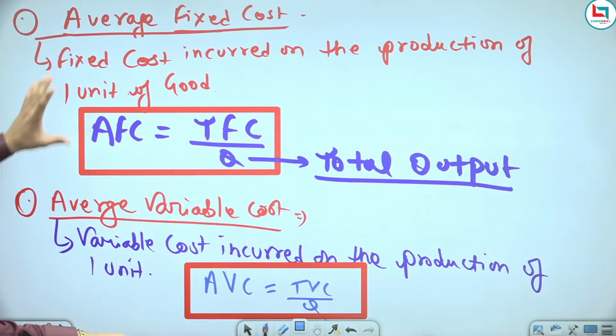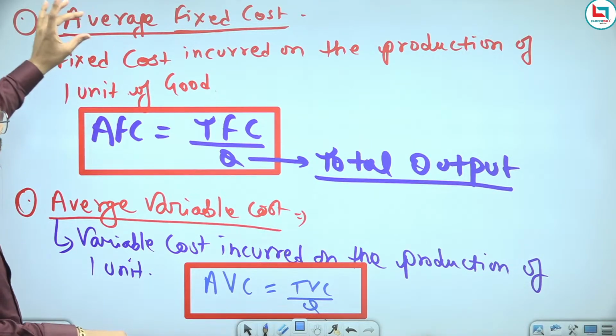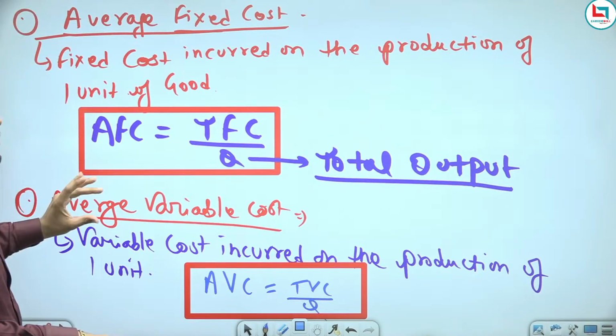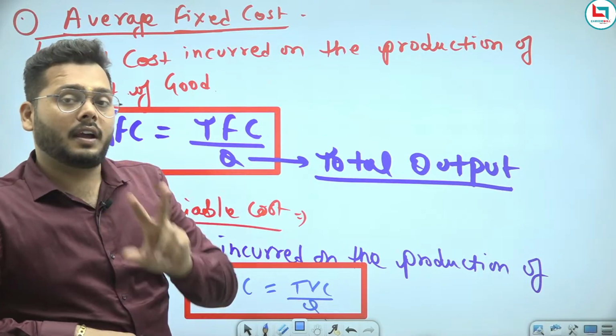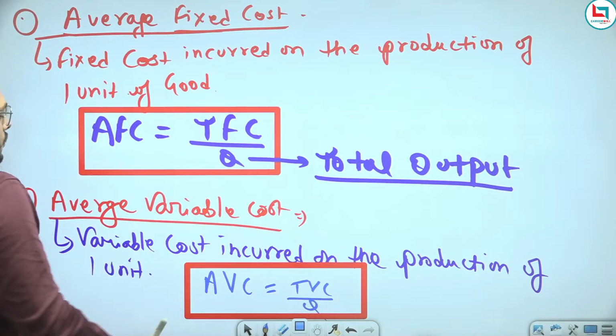Now, if you add the average fixed cost and average variable cost, that will become average cost, right? So what is average cost?